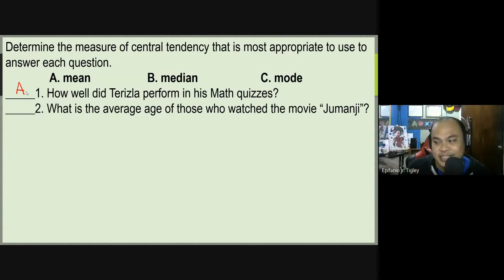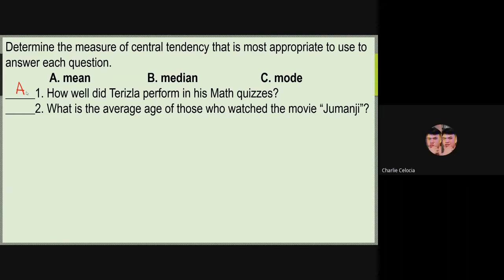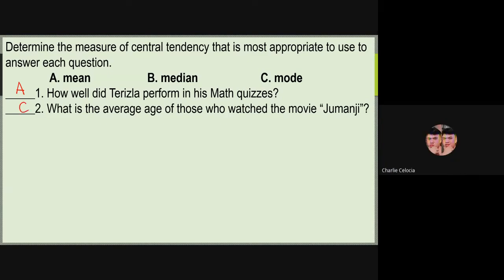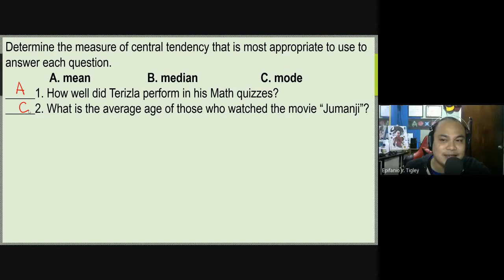Yes, I heard someone said mode. Can I listen to your answer, please? Mode siya. Yes, why mode? Okay, we're looking for the average age man. For example, the data, the ages of those who watch Jumanji are totally different. Correct.